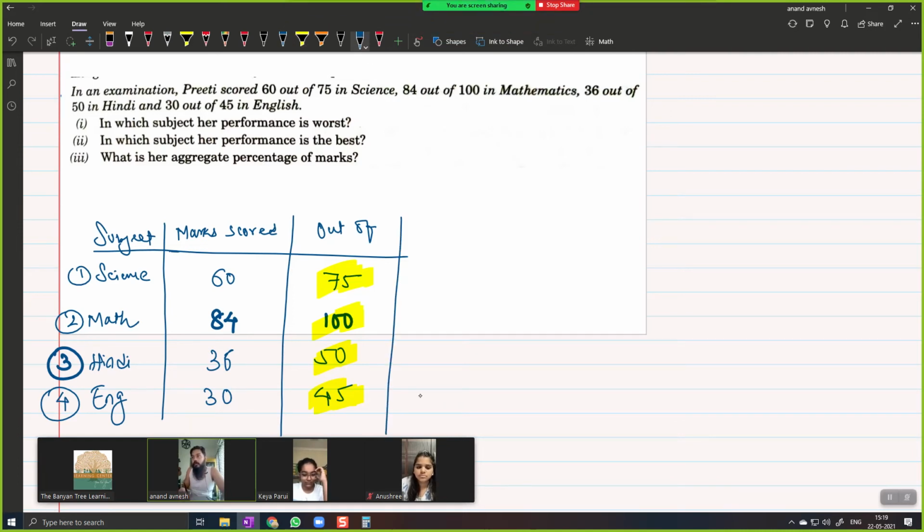We can say only if we find the percentage, right? If we can find her percentage, marks will exactly tell us the answers to the questions which are asked. So how do we find the percentage of marks, Kea?